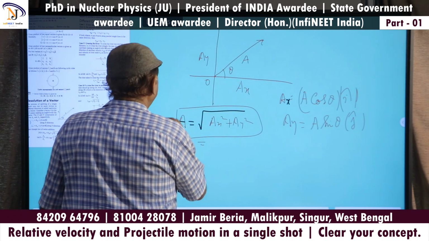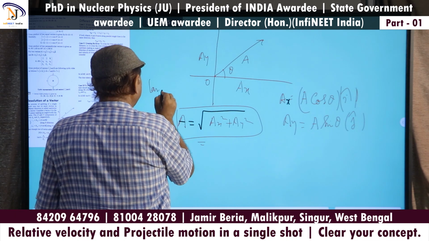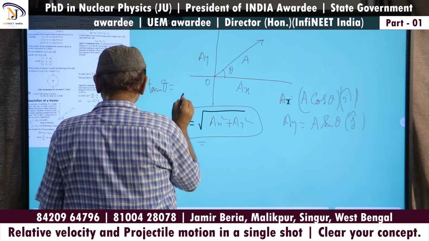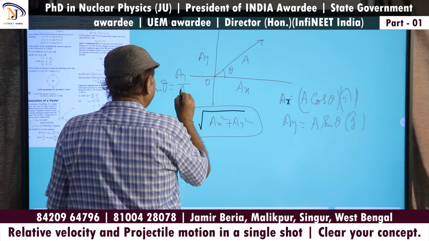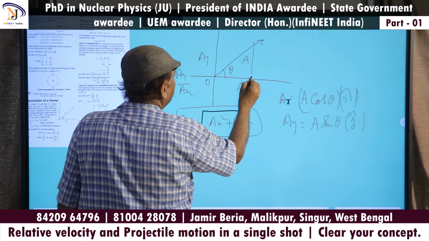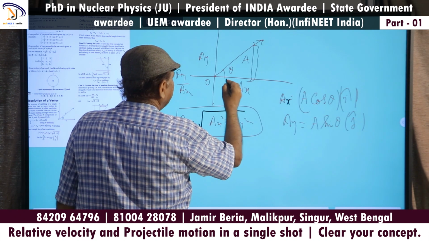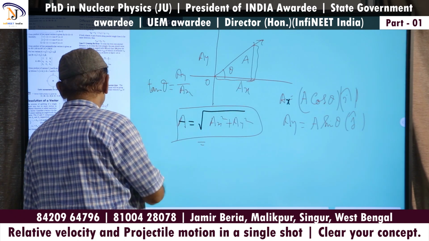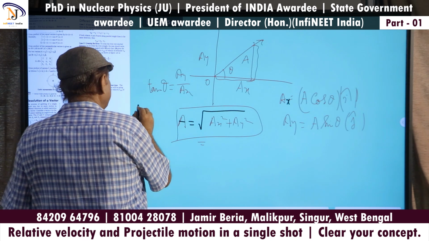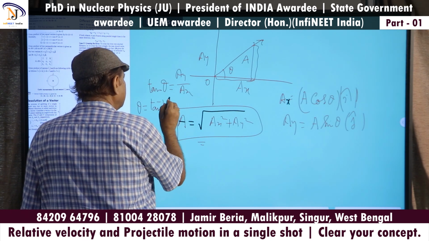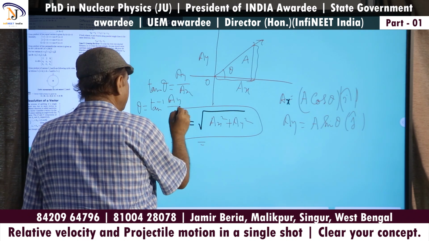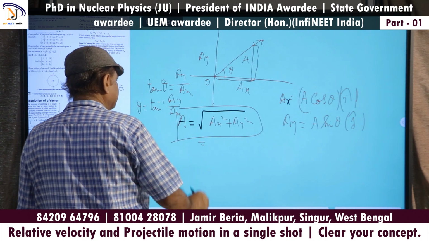And what is tan theta? Tan theta is nothing but AY by AX. This is y and this is x. So you may write theta as tan inverse of AY by AX.